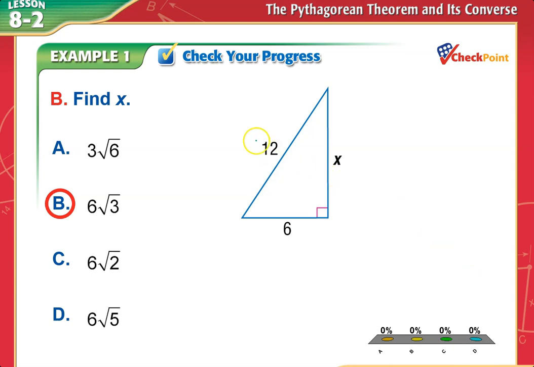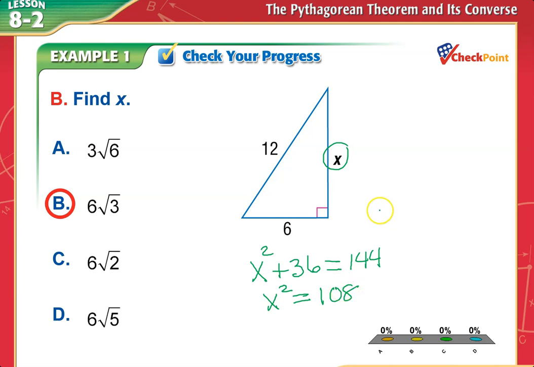So we're solving for a side length. So we start off with x squared plus 6 squared, and that should equal 12 squared. Subtract 36 from both sides, and we get 108. So then the answer ends up being the square root of 108.